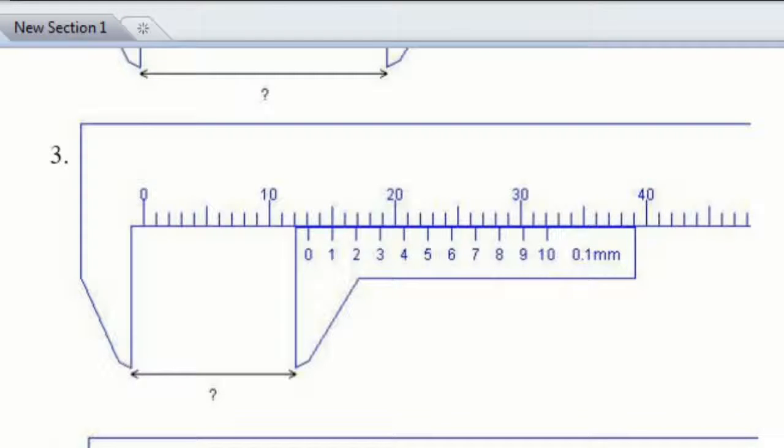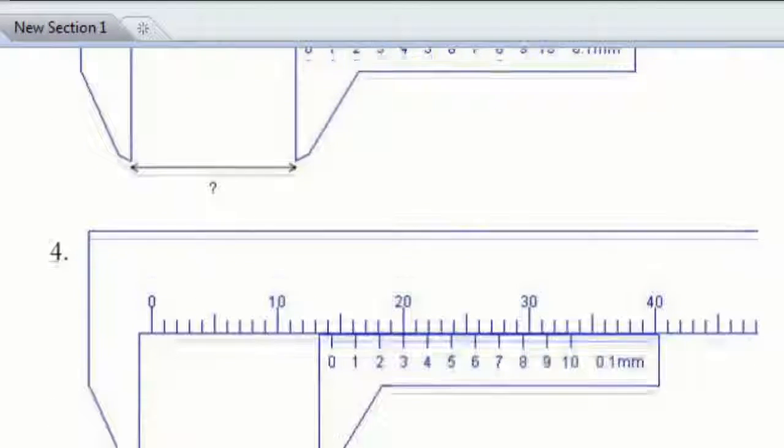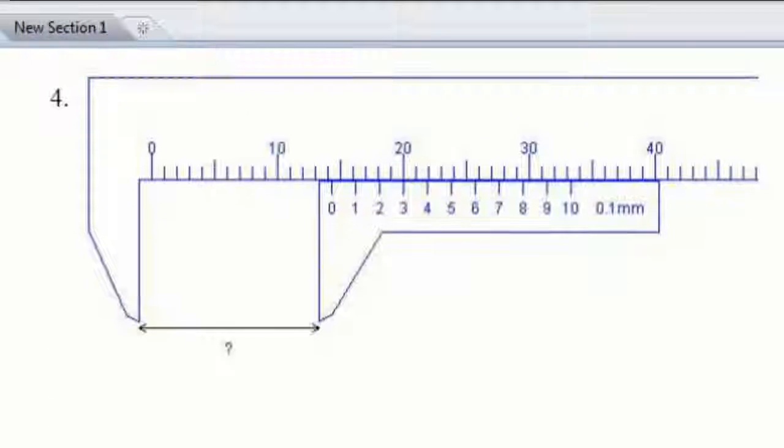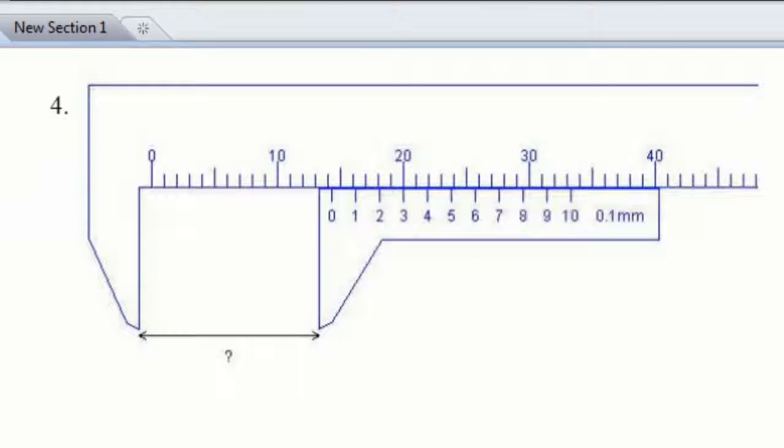So you have to do two steps. They're going to make you test your ability to read a caliper first of all, and then your ability to convert from millimeters to centimeters, which is kind of silly, but that's just the way these things work. So I don't know why they do these things the way they do, but that's the way they do them. So this is the last one, number 4.